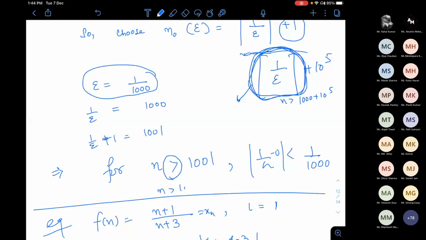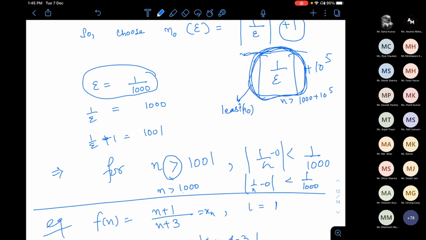So even if I write this, sorry, it's my mistake here: 1 by n is less than epsilon only because n is greater than 1000 and n is a natural number. So the next choice of natural number will automatically be 1001, and that will satisfy. Agreed or not?